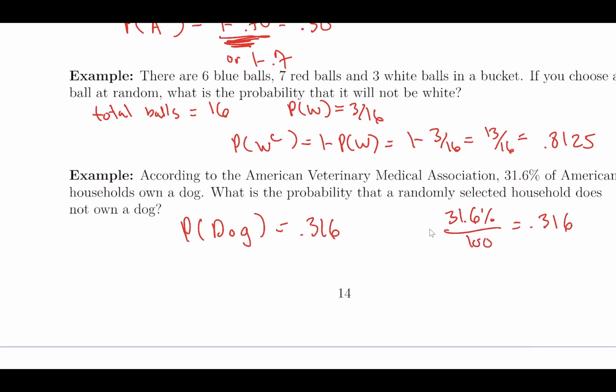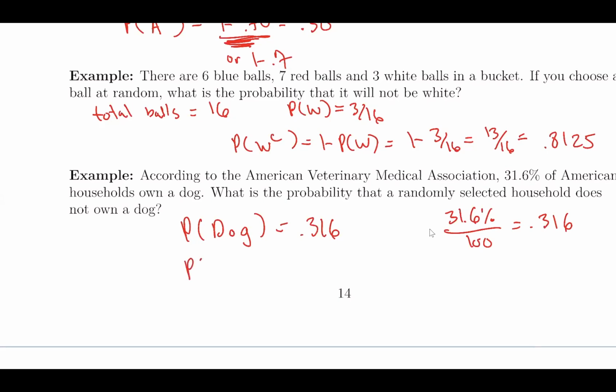Do that on your calculator, and it'll give you the right answer 100% of the time, as long as you write down the percent correctly. All right, so that's the proportion or probability of people who own a dog. But we don't care about the proportion of people who own a dog.